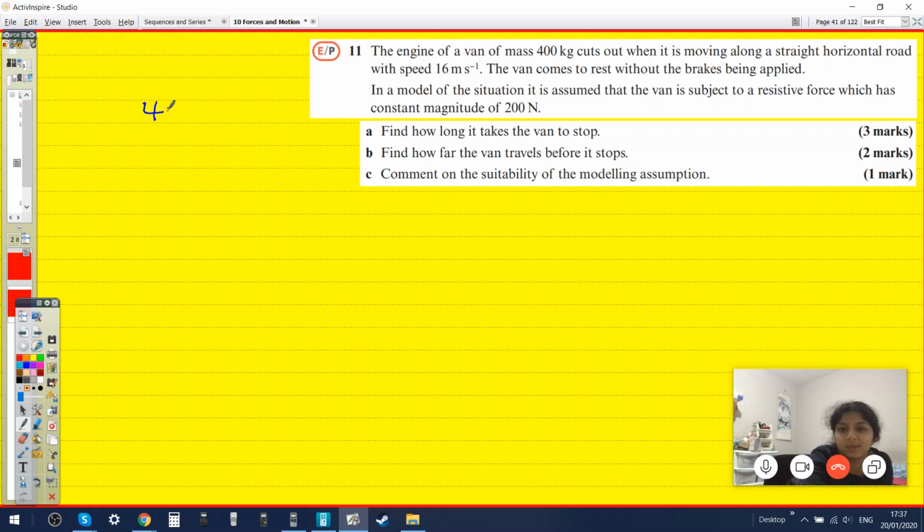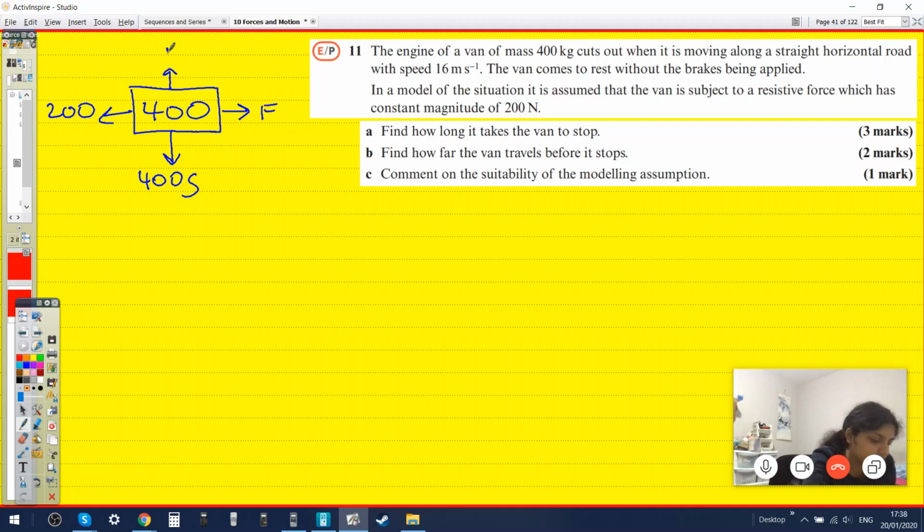You have 200 going left, the resistive force. And then you have another force, like the driving force, but you don't know what it is. And then you have the reaction force on top.